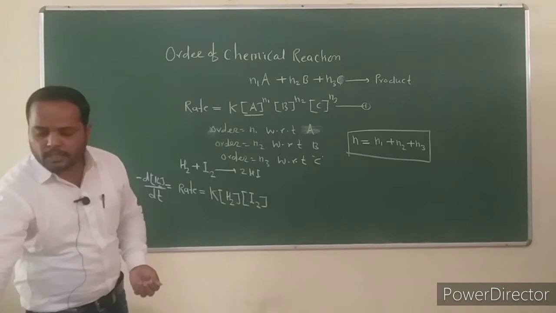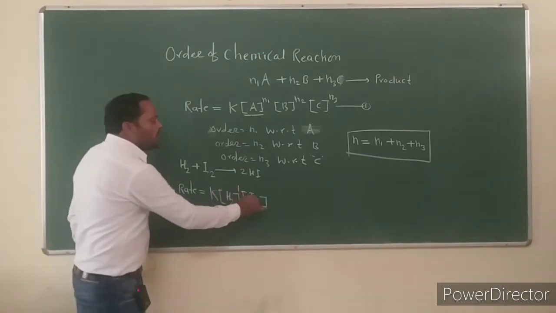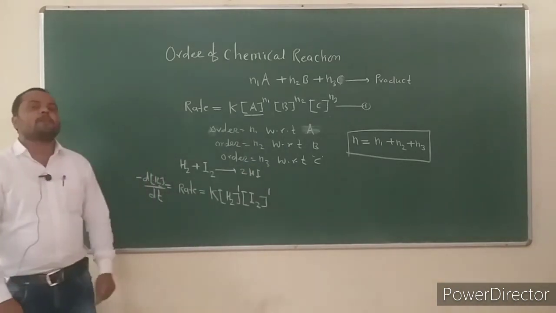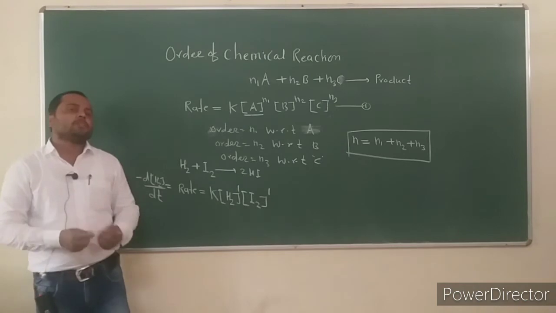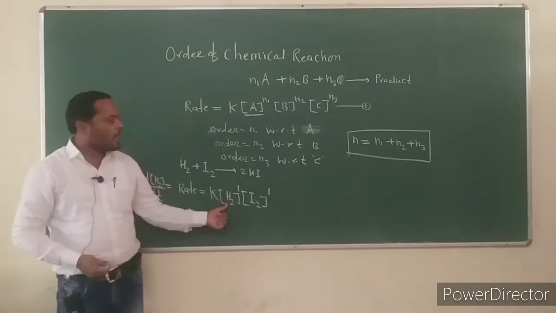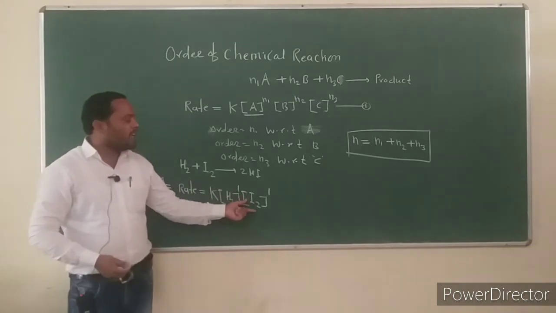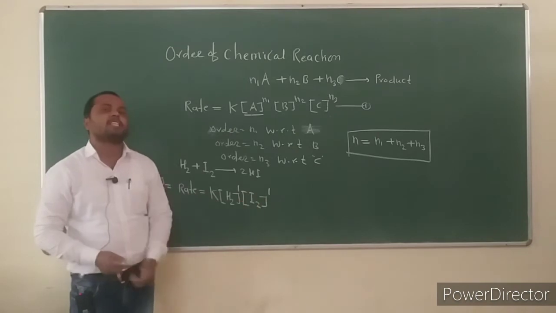The rate of reaction is equal to K, concentration of H2 having power 1, and concentration of iodine having power 1. Then the order of the given reaction with respect to hydrogen is 1 because the concentration of hydrogen has power 1, and the order with respect to iodine is also 1 because the concentration of iodine has power 1.